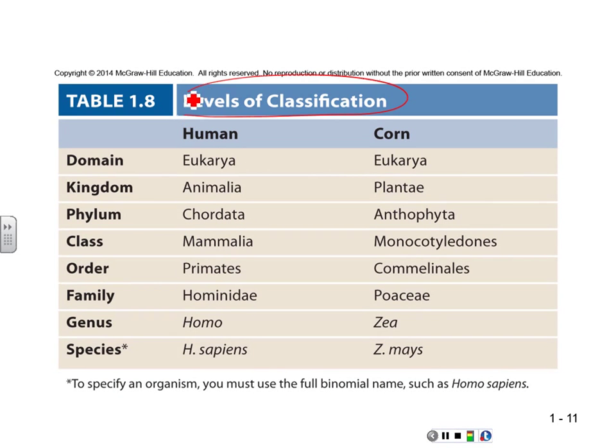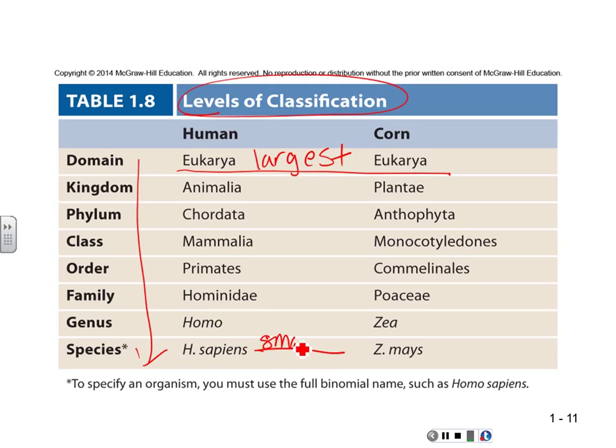So some of these levels of classification: domain, kingdom, phylum, class, order, family, genus, species. So the domain we just looked at, eukarya, this is the largest or most broad, and then this is the most specific. So smallest, specific, largest, broad.